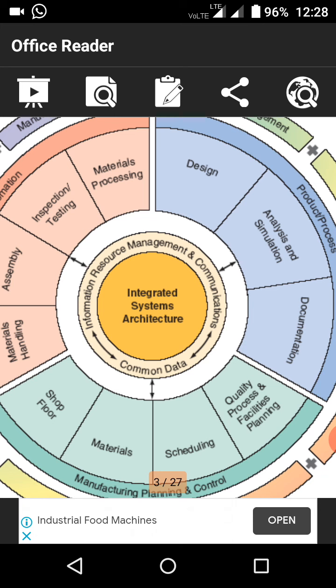Next one is machining. What is machining? The actual manufacturing process includes turning, drilling and face milling for metal removal operations. So in machining we do all these things like milling, facing, turning and removal operations. Next one is assembling. First we see designing, process planning, production planning, then machining.